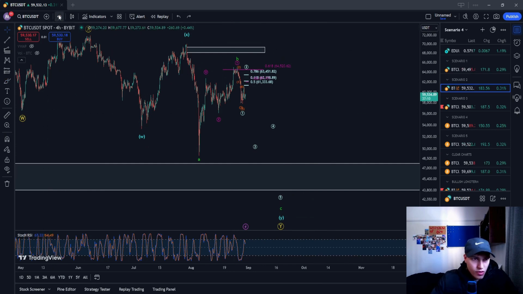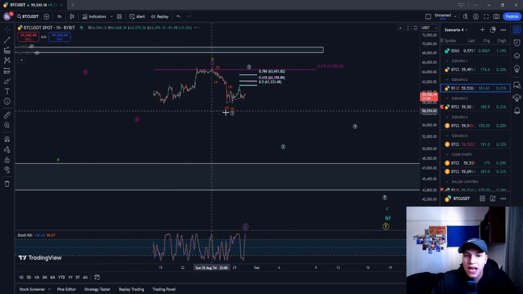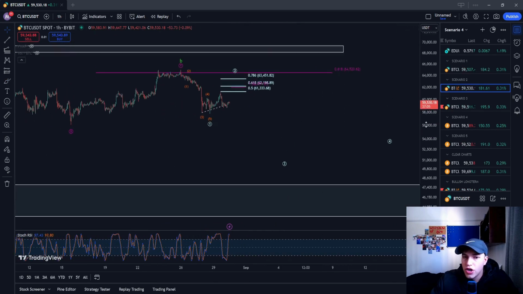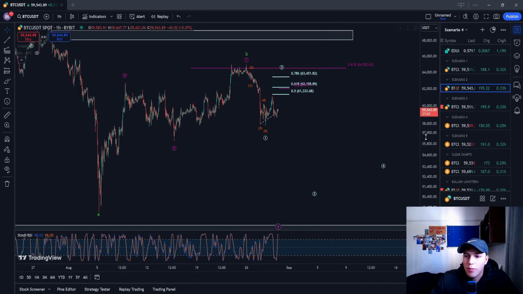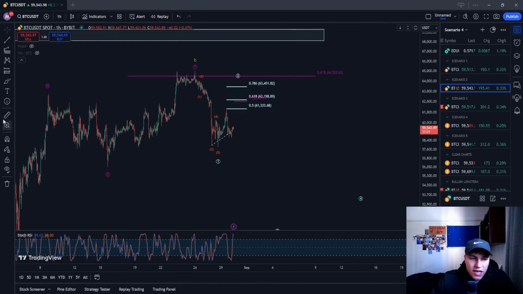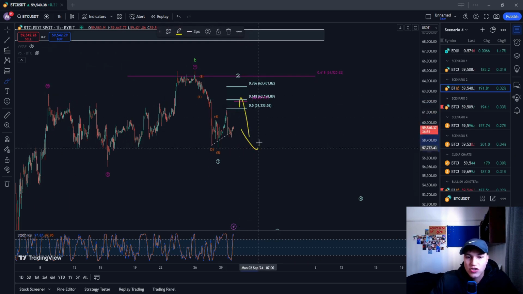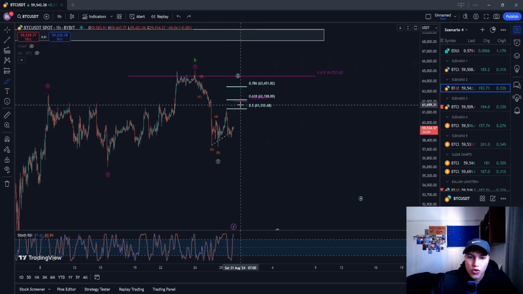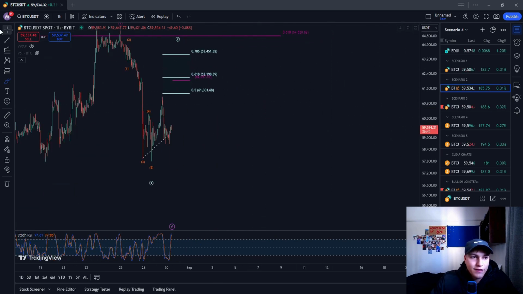Now, on the hourly time frame, I would short from the top of wave 2. So if you missed this entry at the Y wave, as we marked off at that 0.618 on the chart, the next entry is for you to short at the top of the wave 2, targeting that 1-to-1 at $62,057.